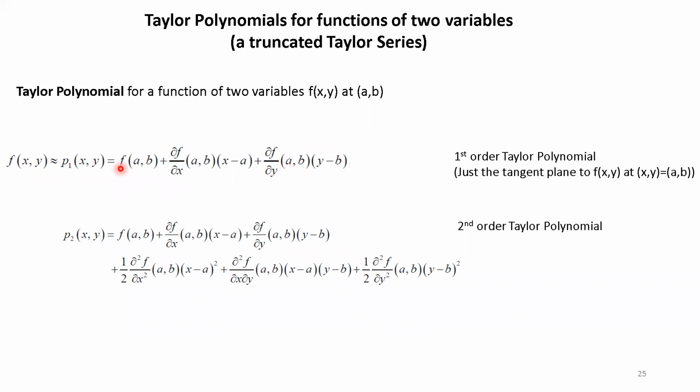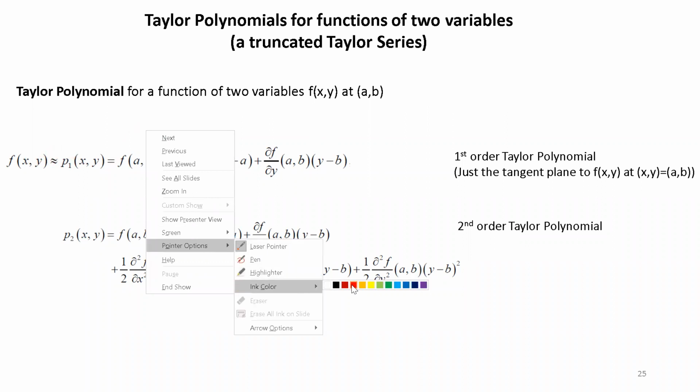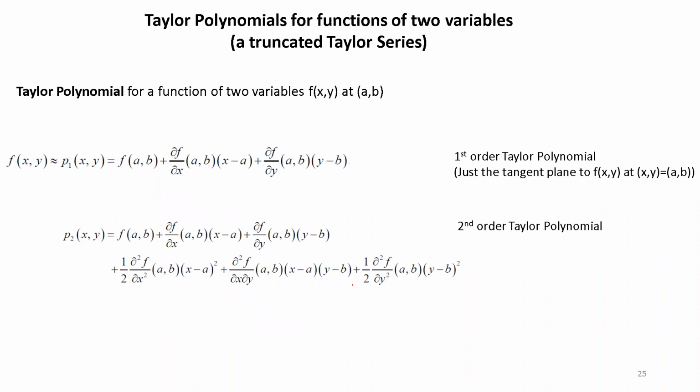That means at least this polynomial gives me a correct value of f(x, y) at this (a, b). Also, if you take the partial derivative on both sides, the left hand side will be this, and on the right hand side the constant term goes to 0.